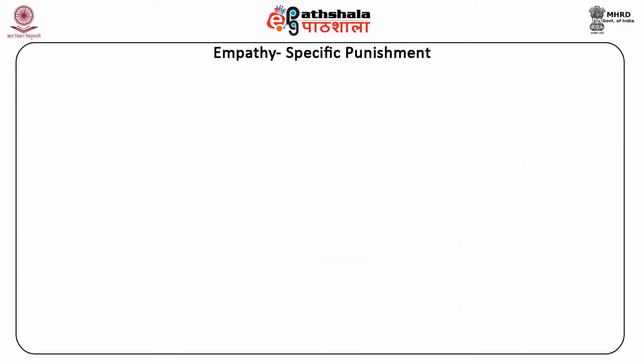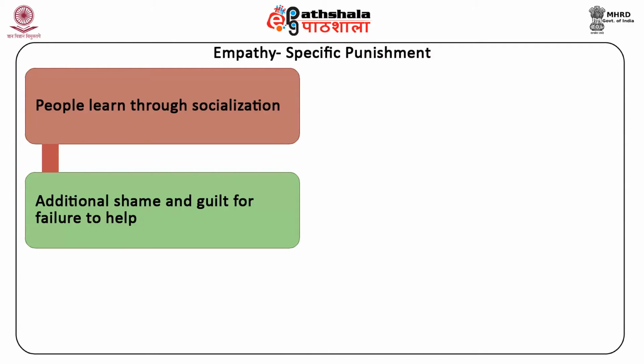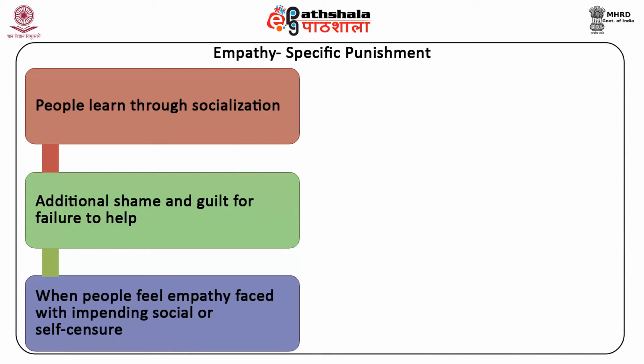A second egoistic explanation claims that people learn through socialization that there is an additional obligation to help, and so additional shame and guilt for failure to help is attendant on feeling empathy for someone in need. As a result, when people feel empathy, they are faced with impending social or self censure beyond any general punishment associated with not helping.